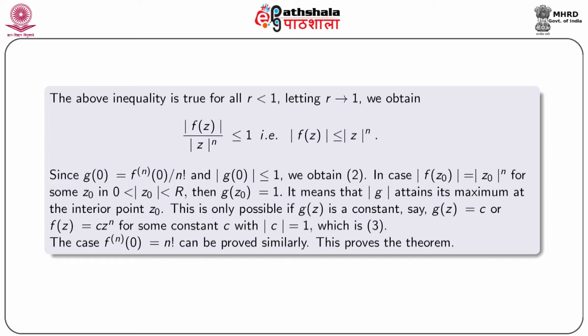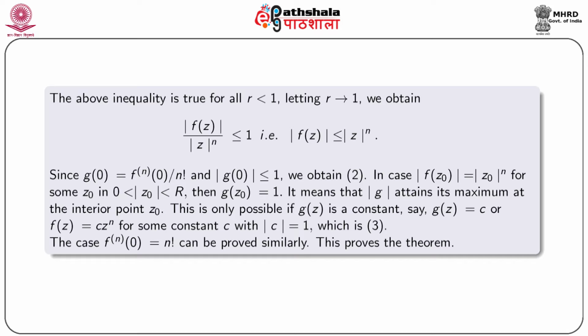The above inequality is true for all r less than 1. Therefore, letting r tend to 1, we obtain mod f(z) by mod z to the power n is less or equal to 1. That is, mod f(z) is less or equal to mod z to the power n. Since g(0) equal to the nth derivative of f at 0 by factorial n and mod g(0) is less or equal to 1, we obtain 2.